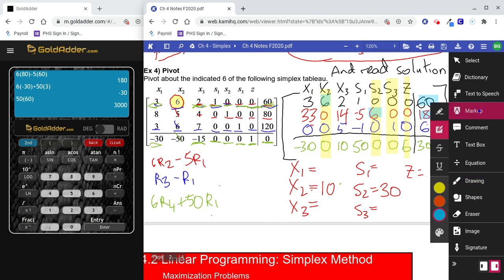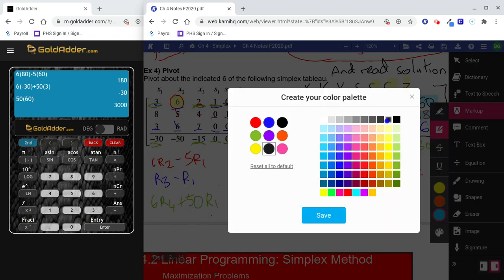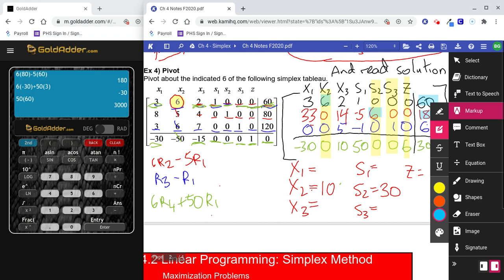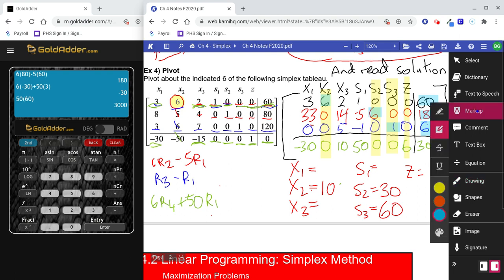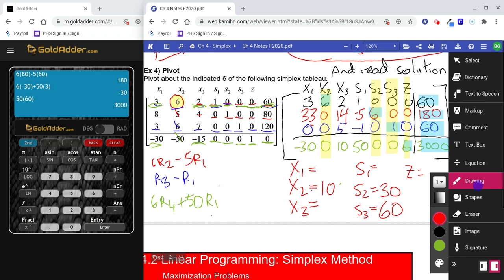S3 is also a basic variable. I can see this 1 forces me to look at 60. S3 equals 60. And Z is basic. You should be drawn to the number 6 and the number 3,000. 3,000 divided by 6 is 500. So Z here in this case would be 500.